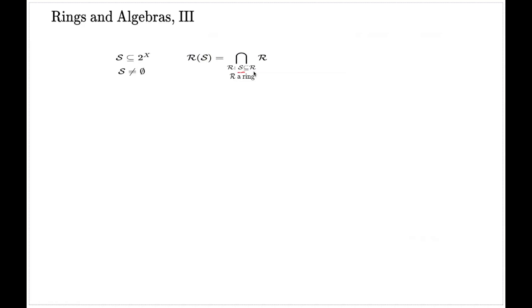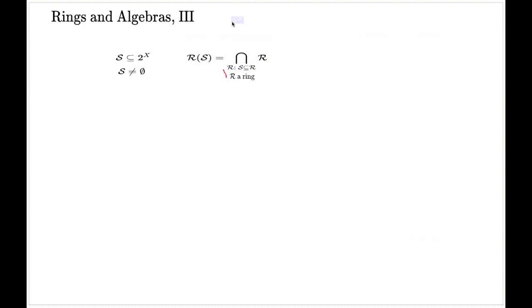It is a relatively easy fact to see that if you have two rings, any rings of subsets, and you take their intersection, it will be a ring again. So by taking this huge intersection over all possible rings containing this given collection, it will be another ring. The only thing you have to emphasize here is that this intersection is taken over a non-empty family of rings.